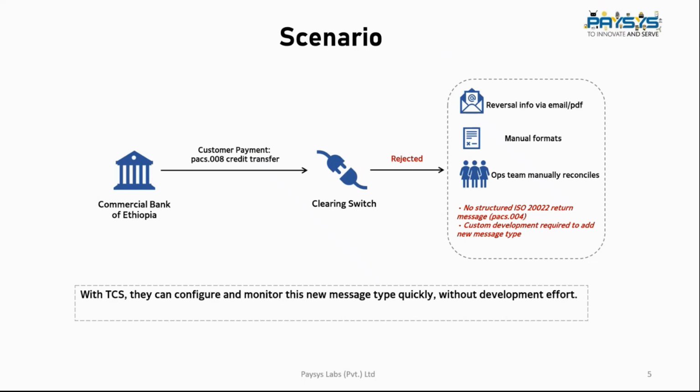By using TCS and DEMS, they can quickly configure and monitor new message types like pacs.004, which is a payment return message. This essentially means that no coding or custom development would be required and that they can process the rejected payments in a structured ISO format, which makes the reconciliation process much easier.